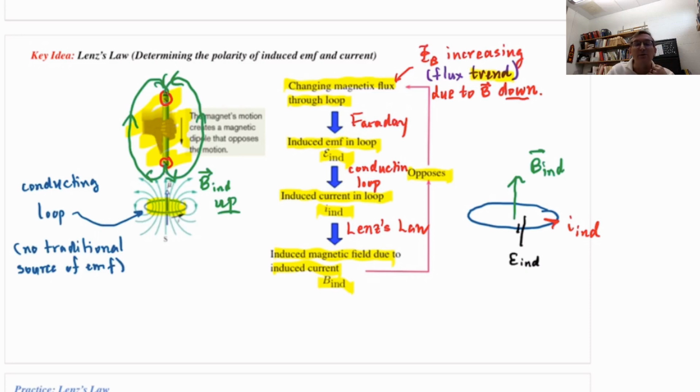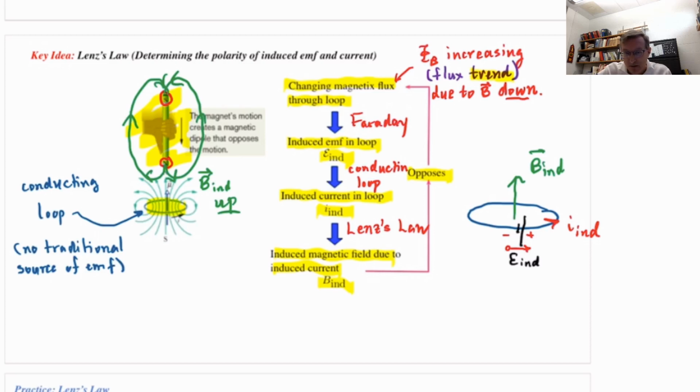I end up with an induced magnetic field up, to make a contribution to the flux opposite in sign to try to cancel out that changing flux. That's going to be the sequence of steps we're going to use to figure out the direction. So now I have the polarity of the induced EMF and the induced current in this scenario. Counterclockwise, you could say, when viewed from above.